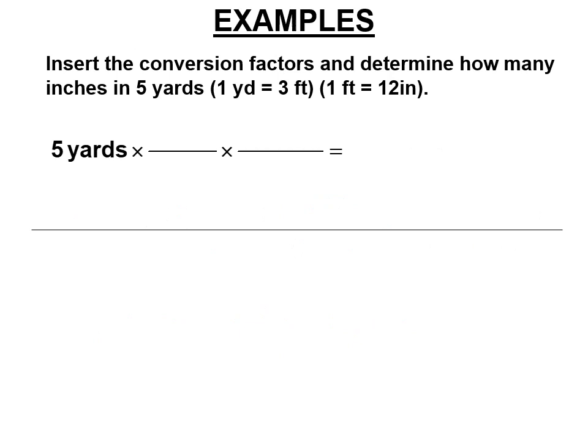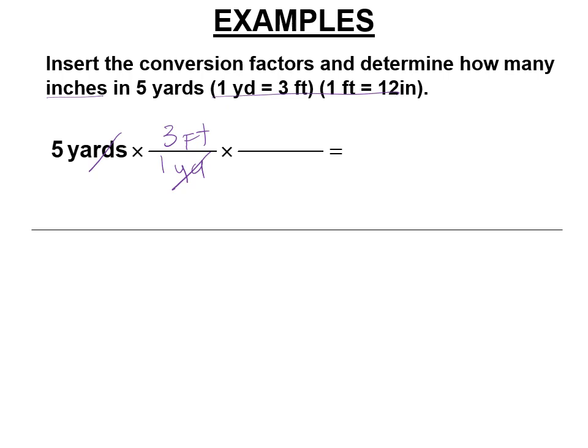All right, it says we want to know how many inches in 5 yards. We're going to do this with 2 conversion factors because that's what we're learning. So we can convert yards into feet using the first one. Now we're going to cancel yards, right? It's the same pattern. Yards cancels yards, and 1 yard equals 3 feet.